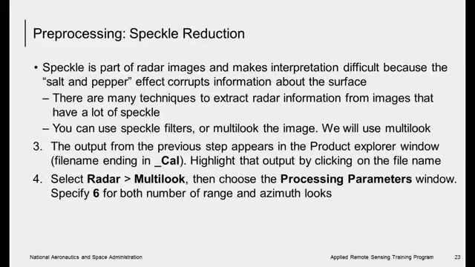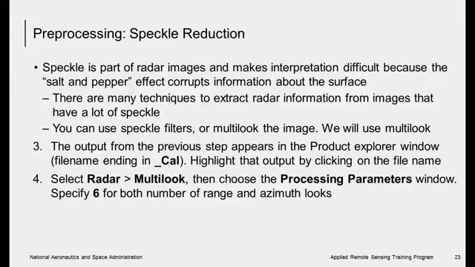Another part of doing the pre-processing is speckle reduction, and we talked about speckle reduction in the first webinar. Speckle makes interpretation of the image difficult because it's a graininess, a salt and pepper effect that corrupts the information about the surface.